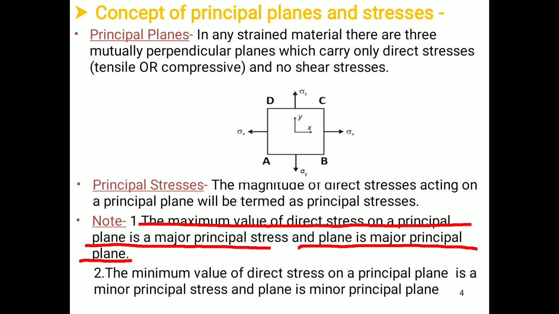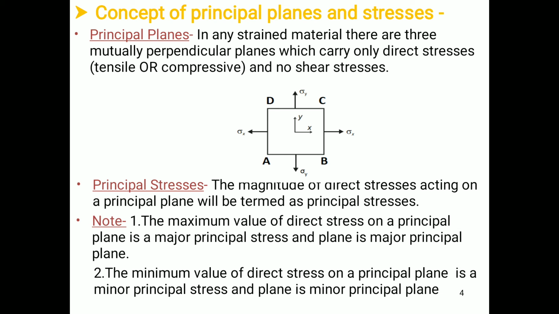The maximum value of direct stress will be called a major principal stress. In the same manner, the minimum value of direct stress on a principal plane is a minor principal stress.